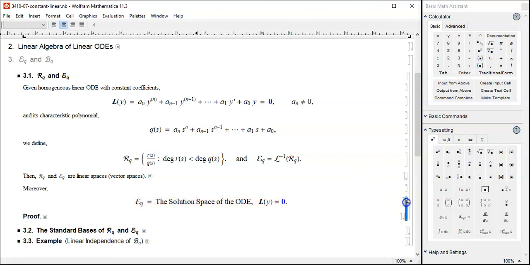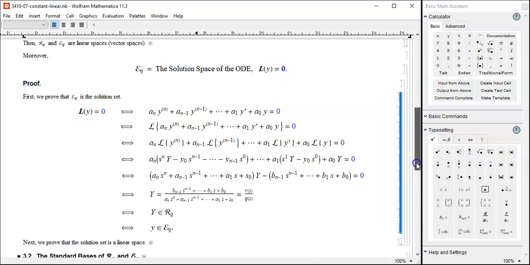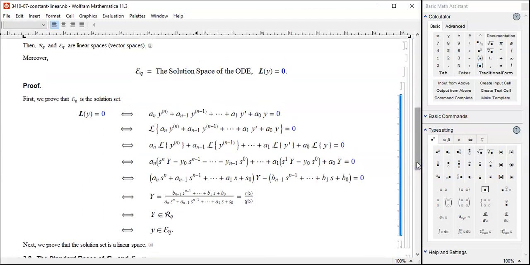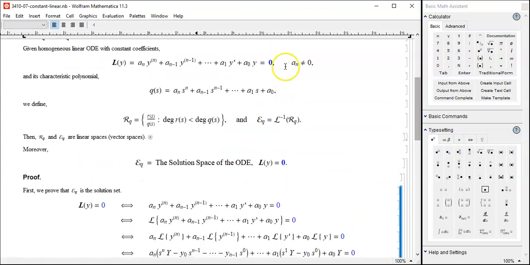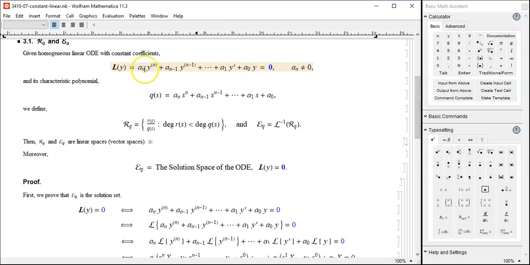How does that work? Well, this is basically a reproduction of what we had been doing in chapter 2. Entire 2 weeks of work in a single viewing window, basically. Here we go. Let's begin with the original ODE, L of y equals 0. That means this expression is equal to 0.